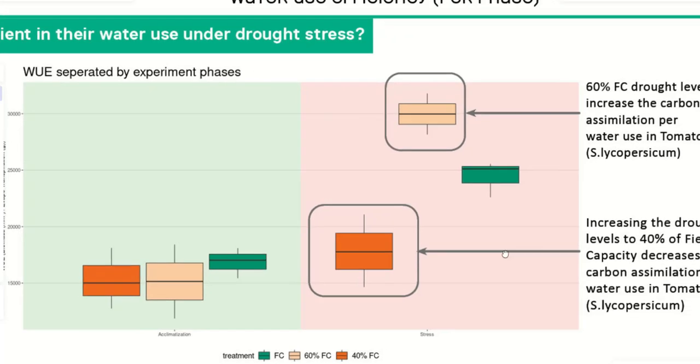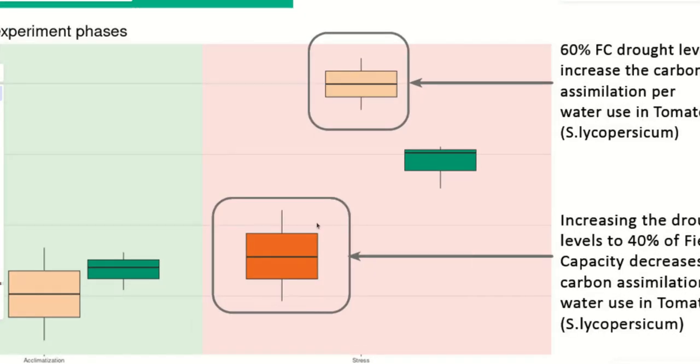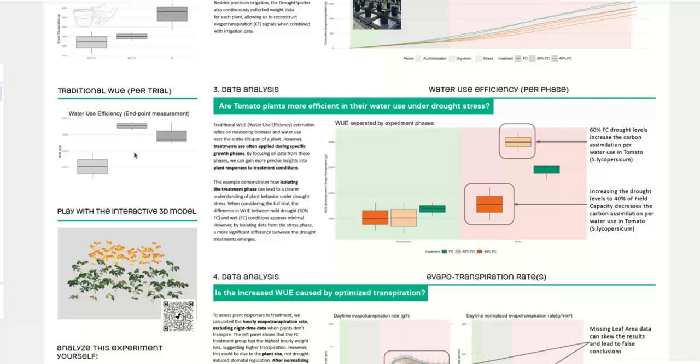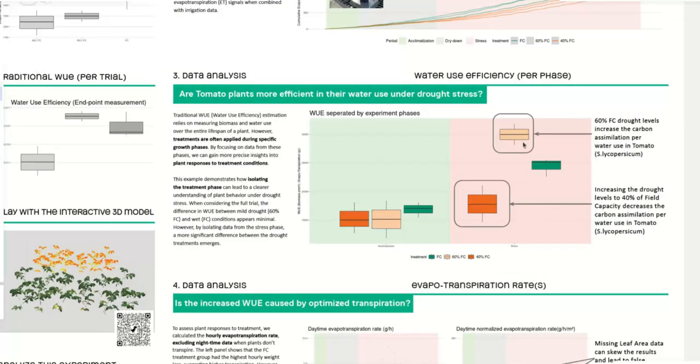However, during the stress phase, there are differences in the water use efficiency. The rank is the same as with the traditional measurements. However, the differences between the treatment groups are more pronounced, since we eliminated the noise from the acclimatation and the dry down phases.